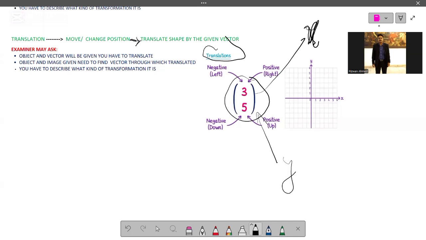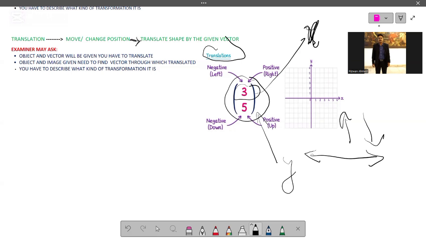So it all depends: if x is positive, we have to move to the right side, but if x is negative, we have to move to the left side. Same thing, this one is y. If it is positive, we have to move upward, or if it is negative, then we have to move downward.